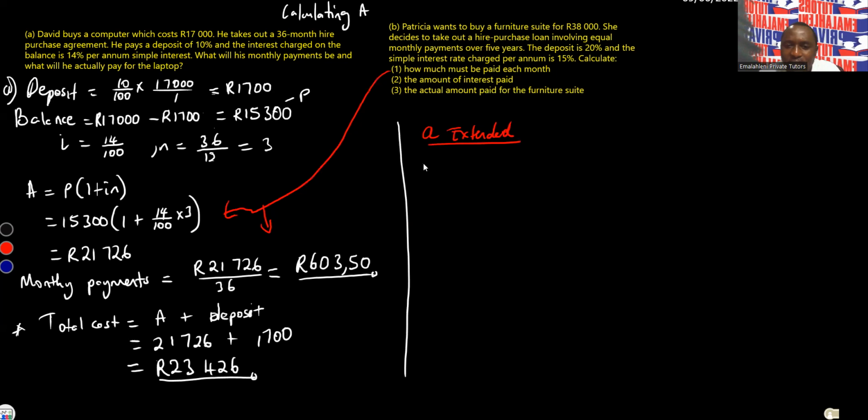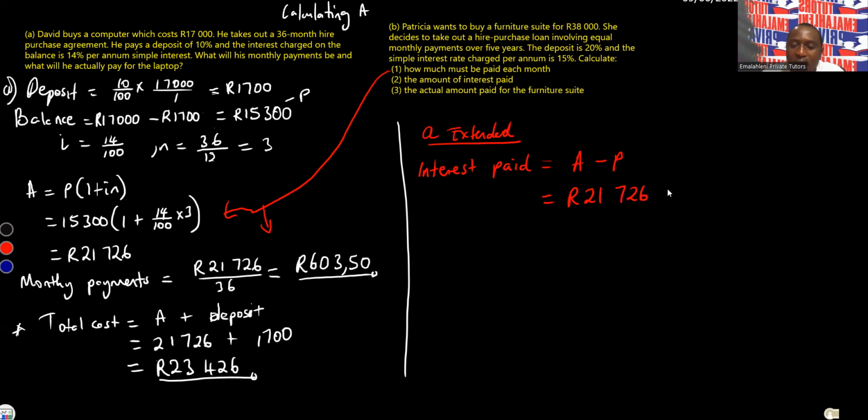Interest paid. For interest paid, you always have to say, what do we have here? We've got A, which is the total amount that we have here, minus P, the principal amount. And how much did it accumulate? Now we want to see how we get the interest.